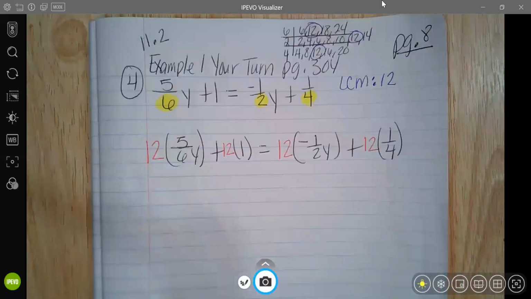Now from here we can start dividing them out to get rid of our fractions.